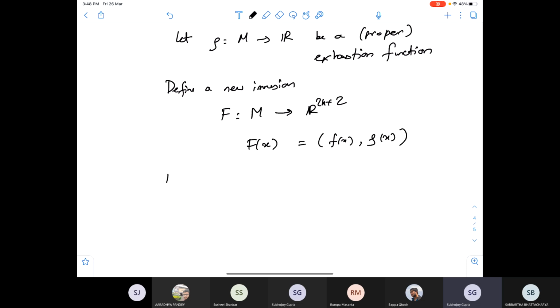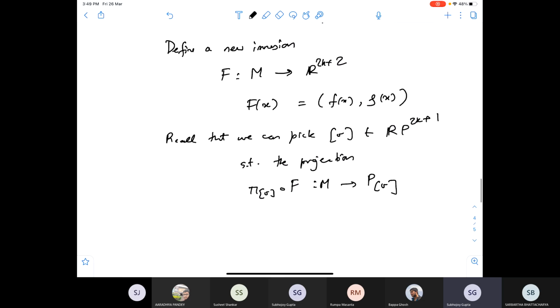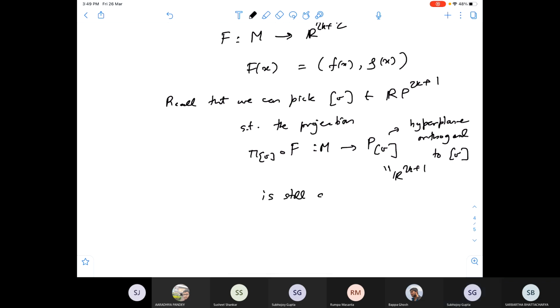Recall that we can pick some v in R to the 2k plus 2, a direction, such that the projection pi from M to this hyperplane orthogonal to v, which is also R to the 2k plus 1, is still an injective immersion.